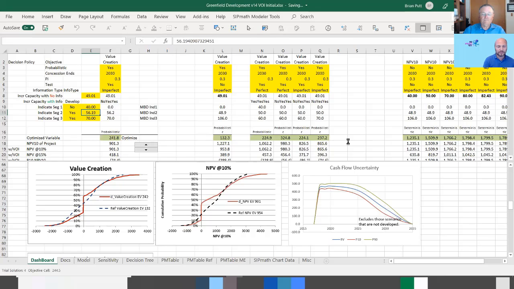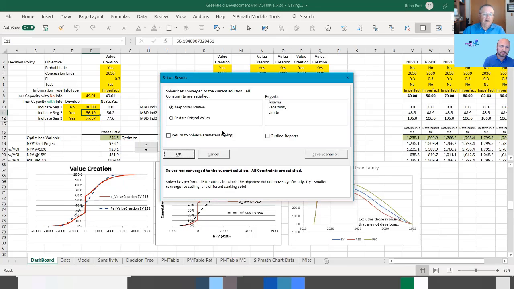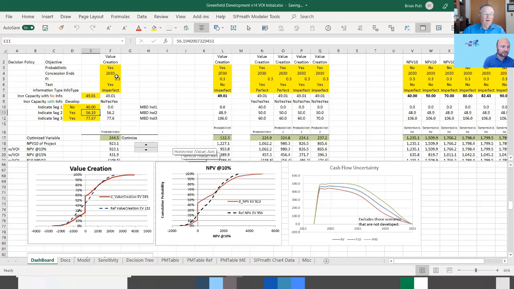What's the number for value of information, which is our Greenfield? What does it mean when it's higher or lower? Good question. We've defined the criteria of a 0.3 PI, which means that if I had capital of $1 billion that I was spending, I would expect to have an NPV equal to 300.